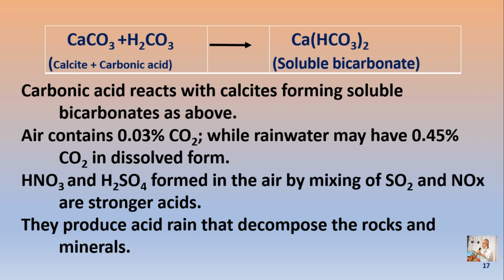HNO3 and H2SO4 formed in the air by mixing of sulfur dioxide or nitrogen oxides are stronger acids. These produce acid rains that decompose the rock and the minerals. So any air having acidic nature because of the solubility of sulfur dioxide, nitrogen oxides or carbon dioxide would be termed acid rain.